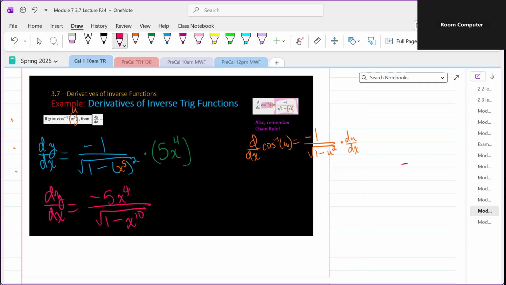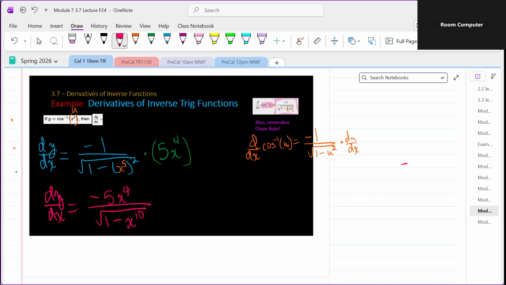So our ugly squared, x to the fifth squared, is x to the 10th inside the big ugly square root, the 1 minus. And then on top, the -1 times 5x to the fourth is -5x to the fourth. So we've got a square root with x to the 10th and then an x to the fourth on top.